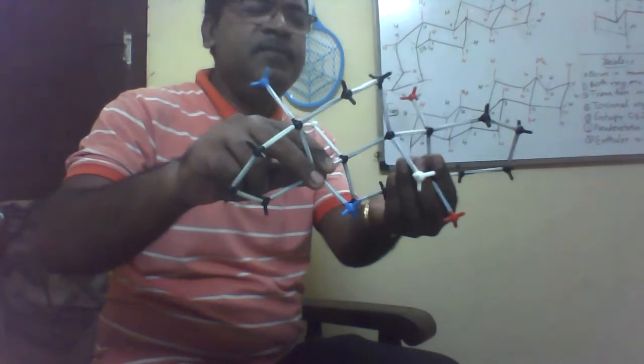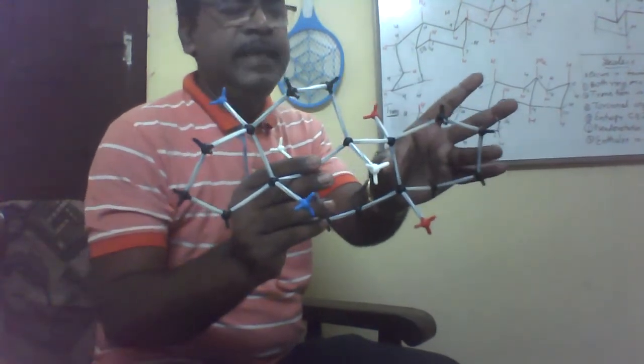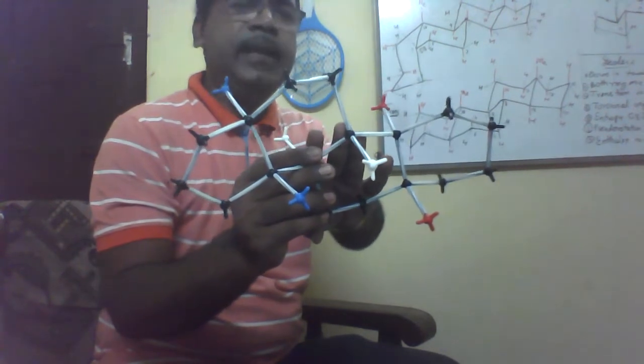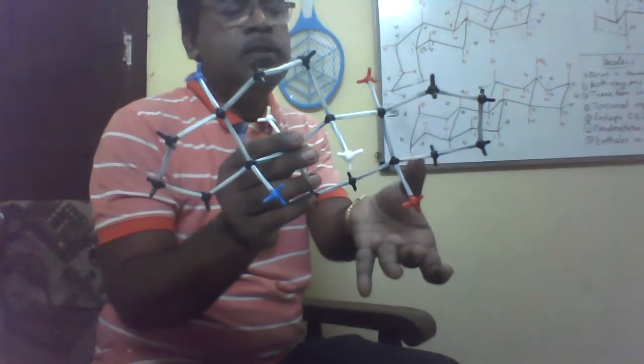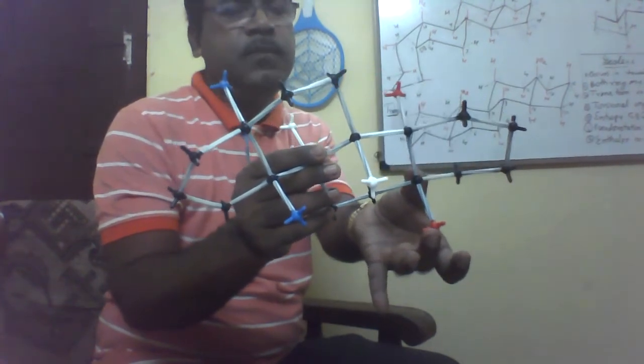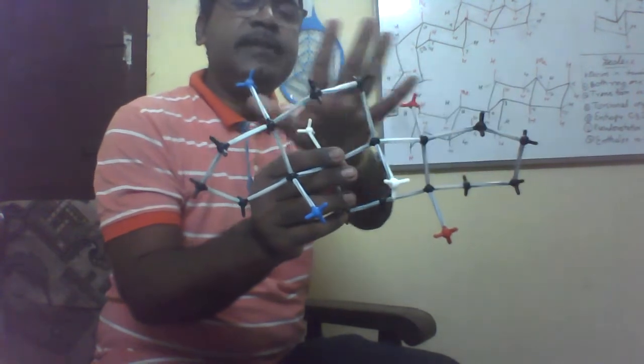So now see the structure. In these conformations, when we are considering this A ring and B ring, how are these attached with each other? This six-member ring is joined with another six-member ring. This CH bond is axial bond. This CH bond is axial bond. This is trans form.